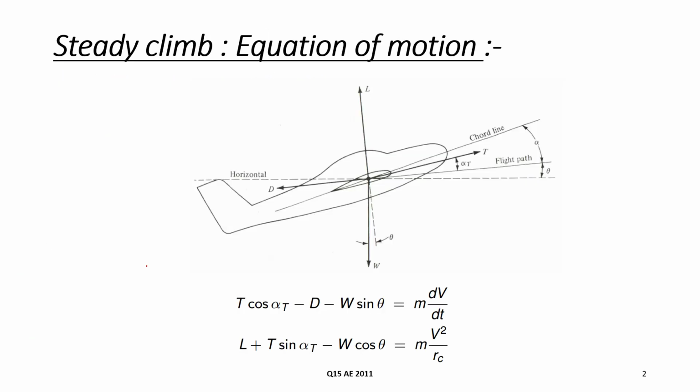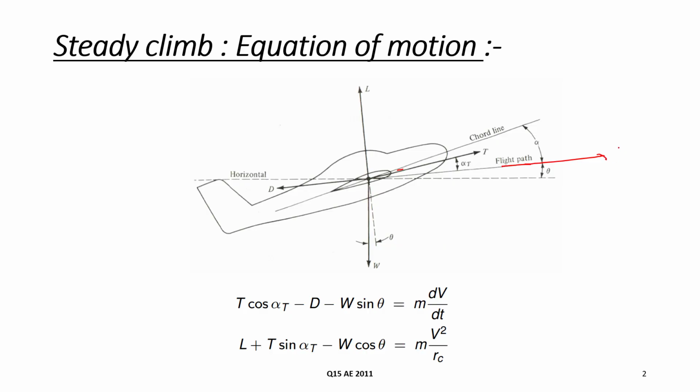So first we will see what a steady climb is. In steady climb, the aircraft moves up above the horizontal plane. In this figure, thrust is acting with angle alpha t with the flight path.